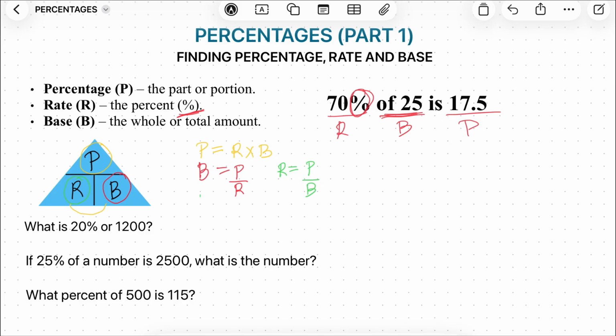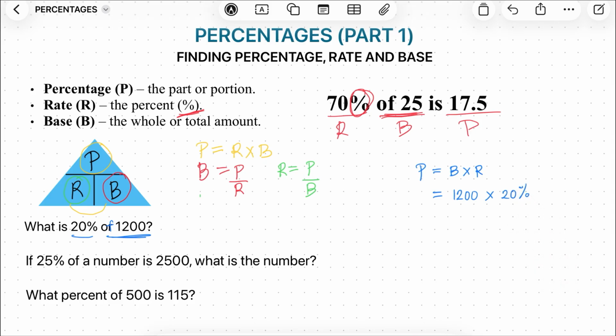Number one, we have 20%, or what is 20% of 1,200? So percentage is equal to base times rate, or rate times base, and the base is after the word of, so that's 1,200, times the rate, which is 20%.